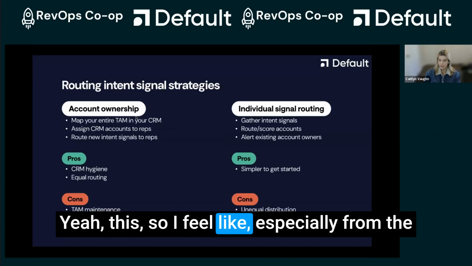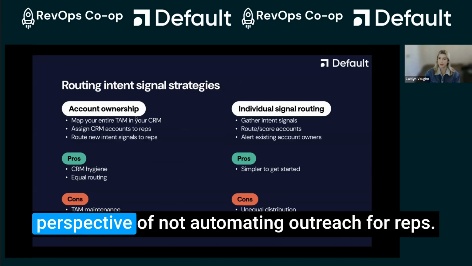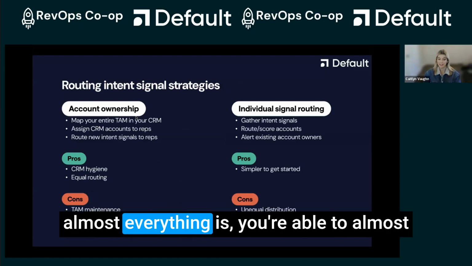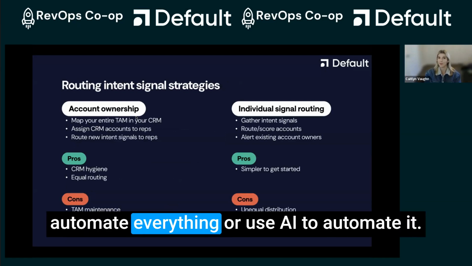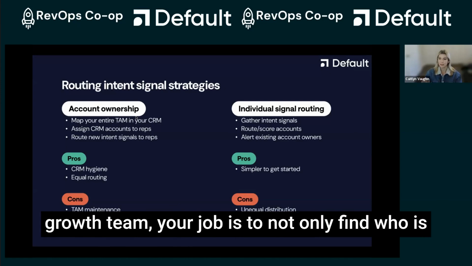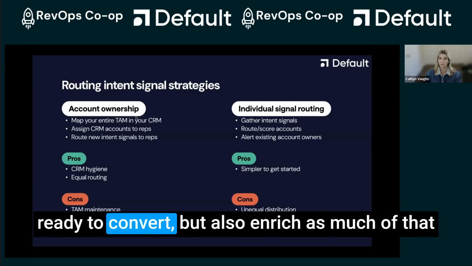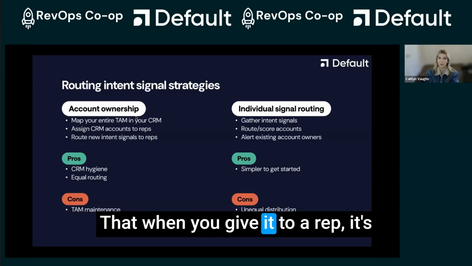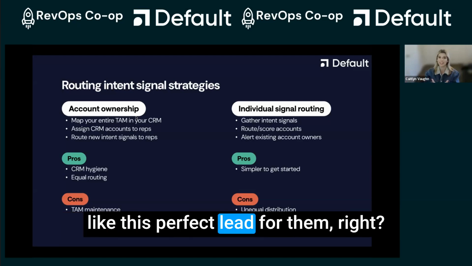So I feel like, especially from the perspective of not automating outreach for reps, we have gone into a space where you're able to almost automate everything or use AI to automate it. And I think for an exceptional head of growth or growth team, your job is to not only find who is ready to convert, but also enrich as much of that information as possible and package it in a way that when you give it to a rep, it's the perfect lead for them.